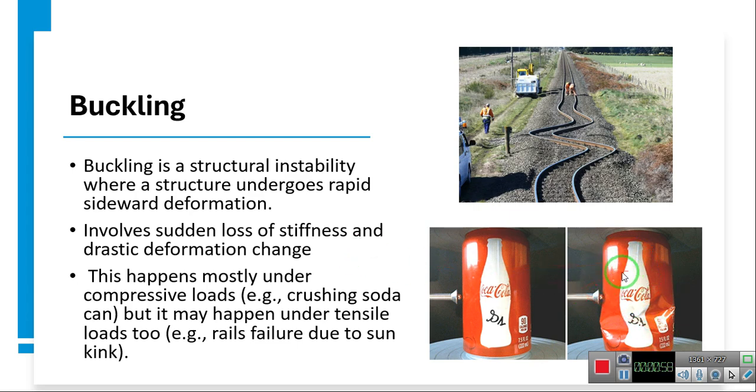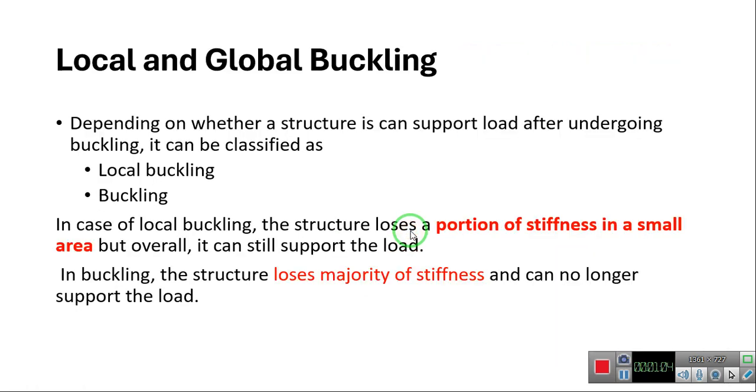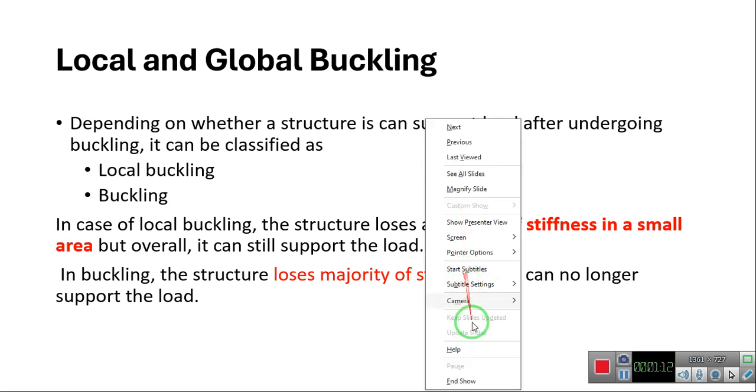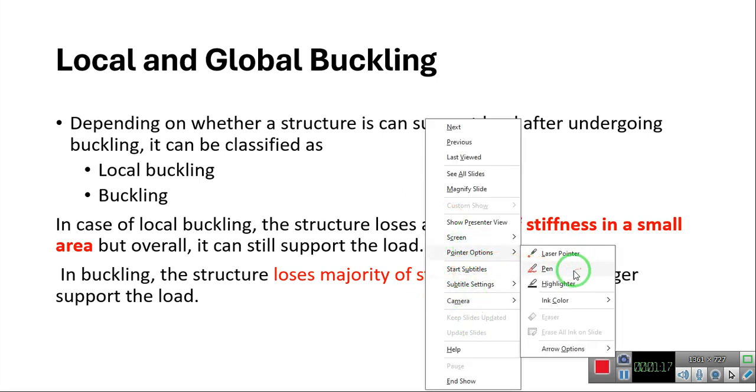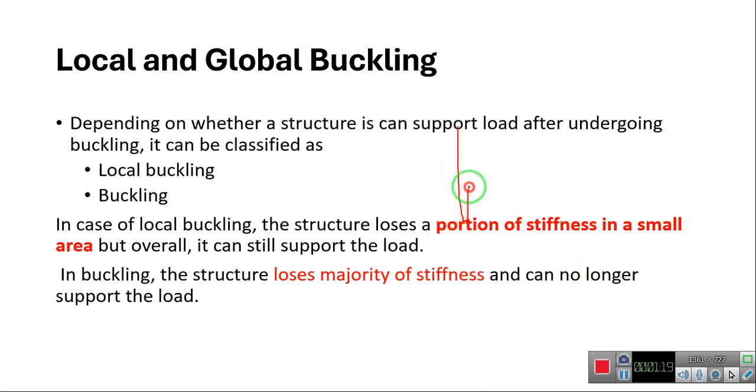So we can categorize buckling on the basis of that. That's called local buckling and global buckling. Local buckling occurs in a very small area. For example, if the body loses stiffness in a small area, we call that local buckling.